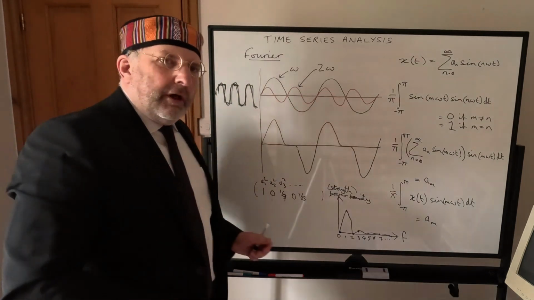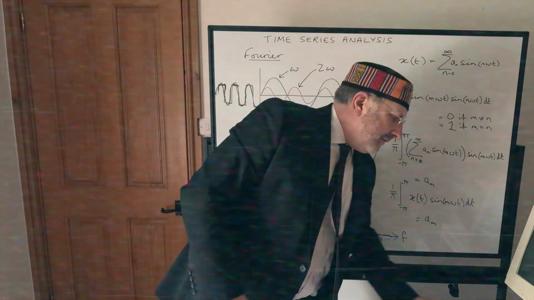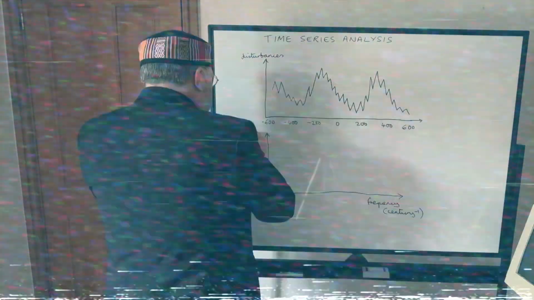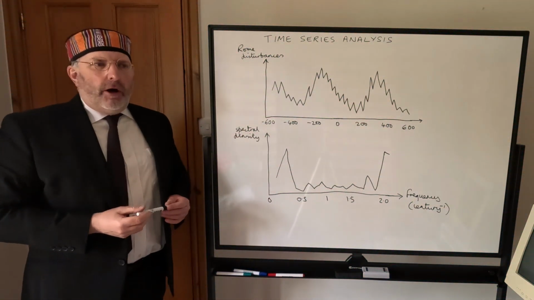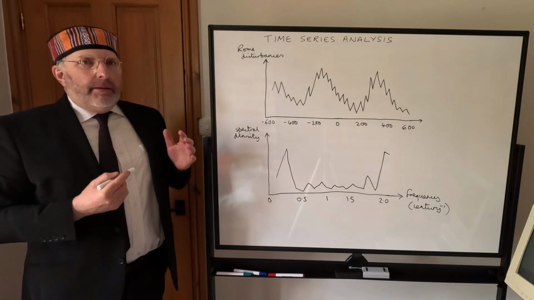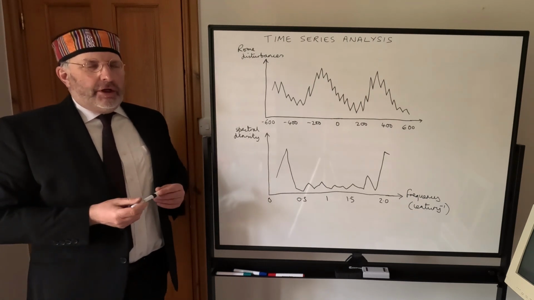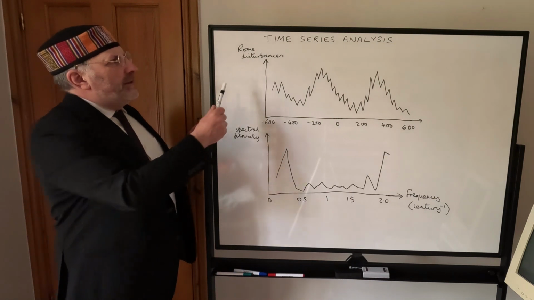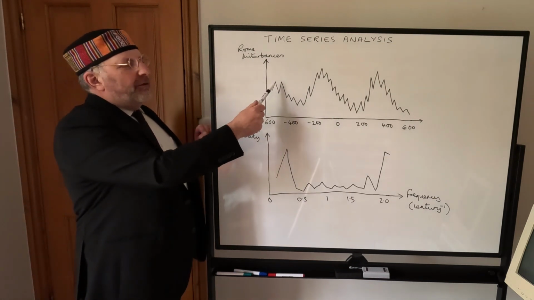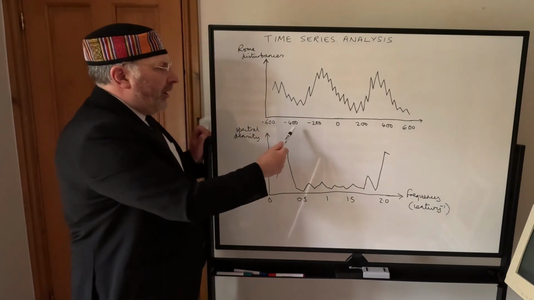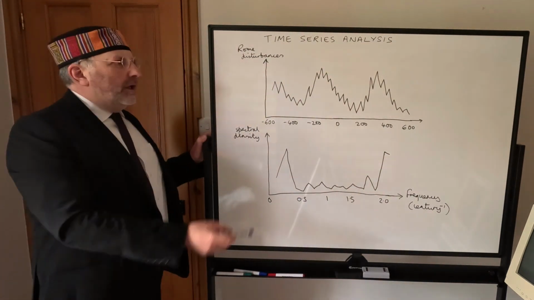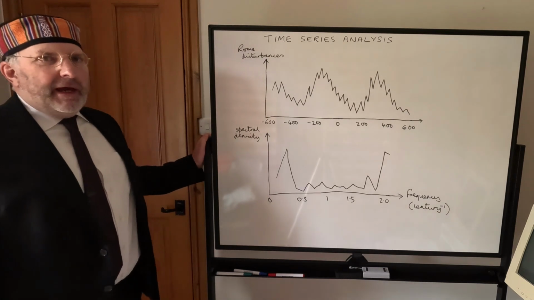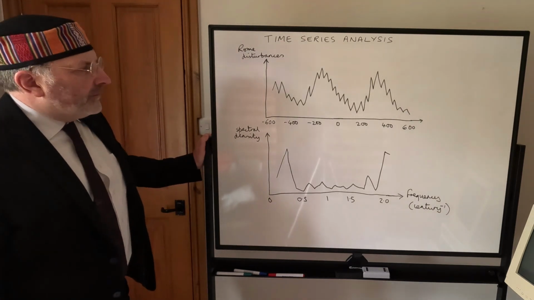And now let's look at a practical, real example of that. Okay, what I've drawn up here is an example from a work by Peter Turchin on the disturbances in ancient Rome from about 600 BC to AD 600, and he's using some data prepared by Peter and Sorokin.